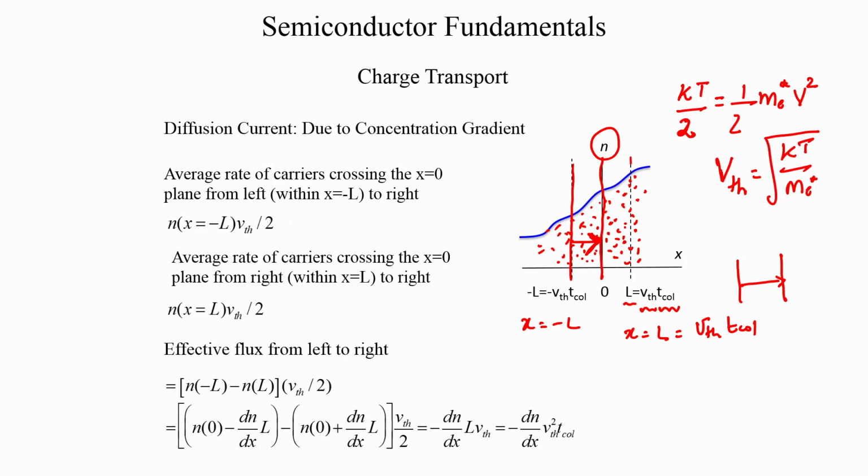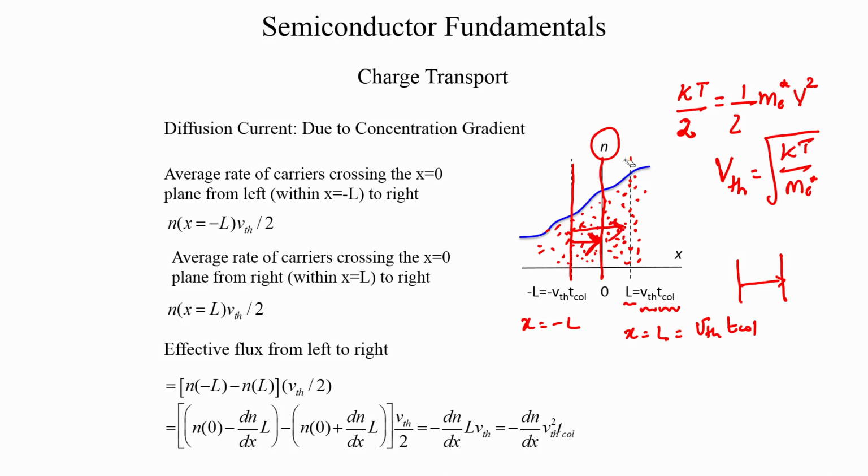That is the approximate average number of carriers moving from this boundary to the right. And since they are not going to have any scattering events, all these carriers are going to cross this x equal to 0 plane, right.